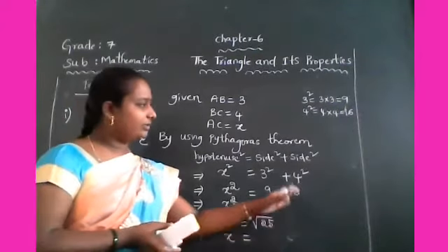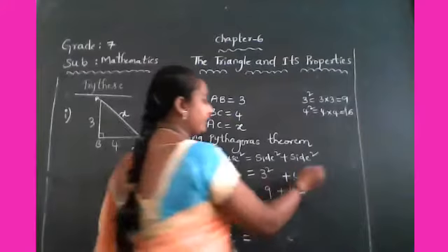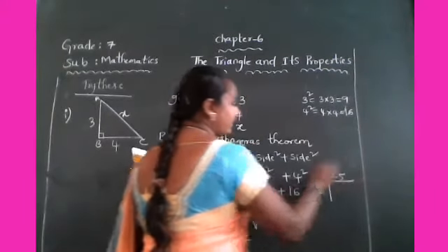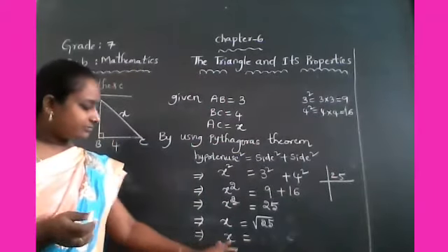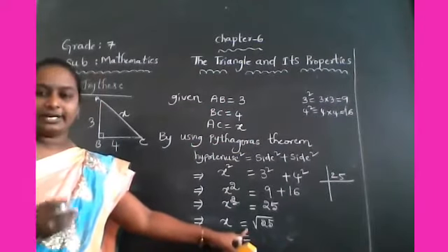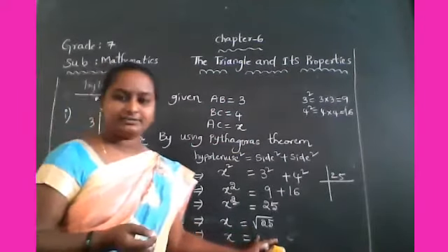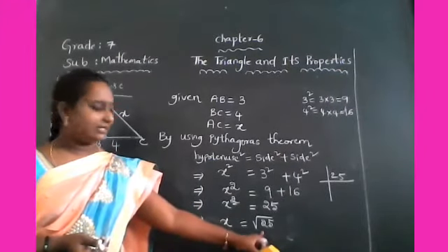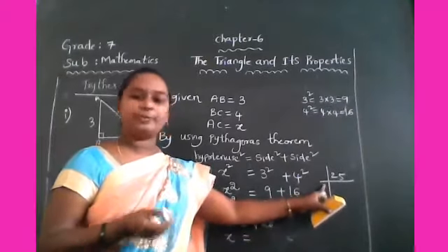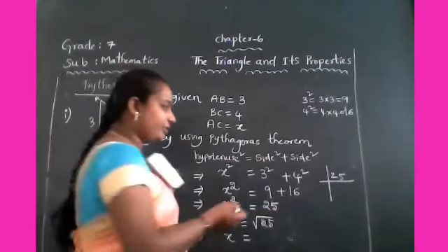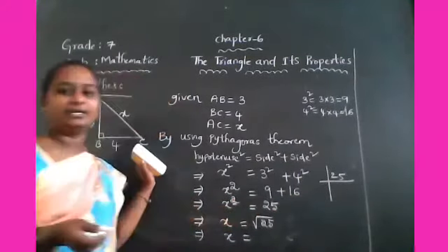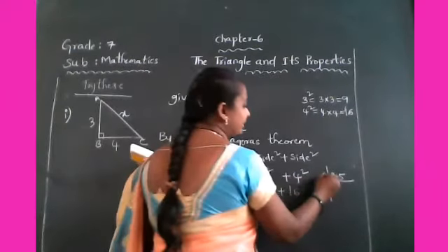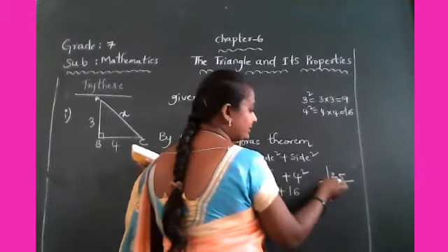Now I will give one simple method: find the prime factorization. Here you have to find perfect squares. For this you have to use the prime factorization method. Do you know the prime factorization method? You have to use prime factors only. Take 2. Is 2 divisible?